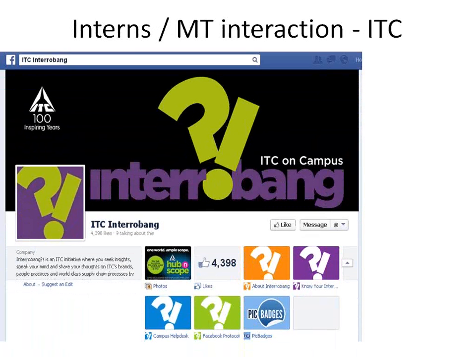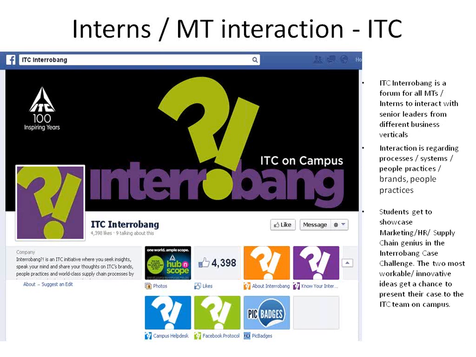This is ITC, which is targeted at management trainees and interns, where it's a forum for interns to interact with senior leaders from different business verticals.